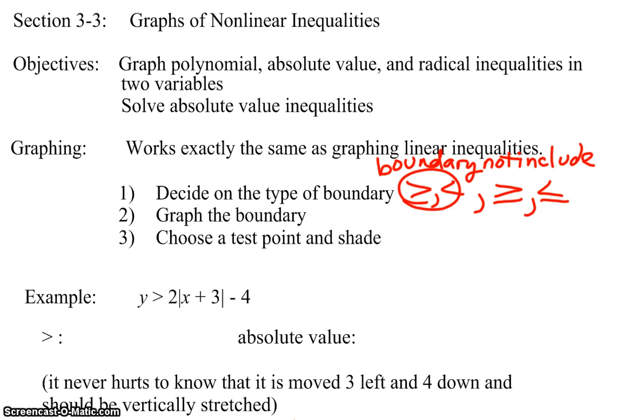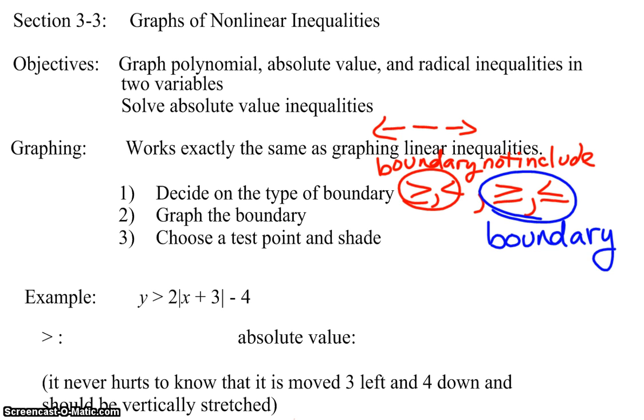If the boundary is not included, we get a broken line on the curve. On the next situation, where it's greater than or equal to, less than or equal to, the "or equal to" part of that means the boundary is included, which means our boundary line will be solid.